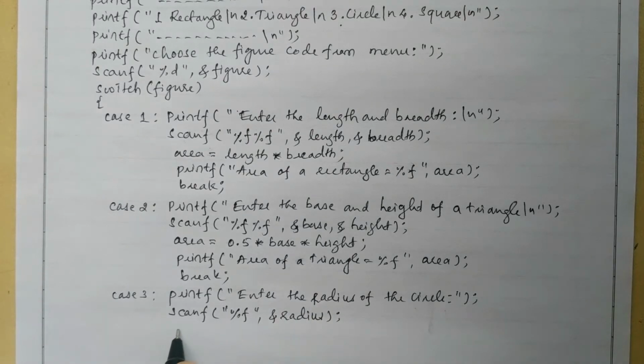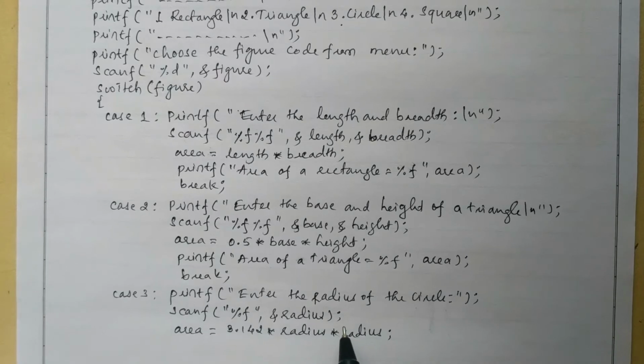Now we are going to calculate the area. In order to calculate the area of a circle, we know the formula, that is pi r square. So the pi value is 3.142 into r square, which can be written as radius into radius, and put a semicolon.